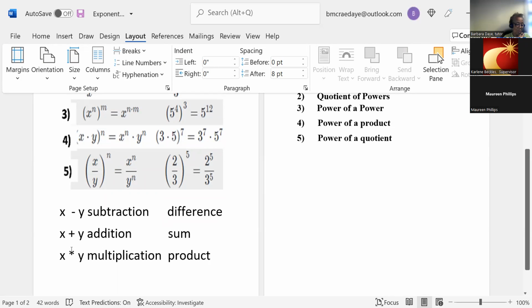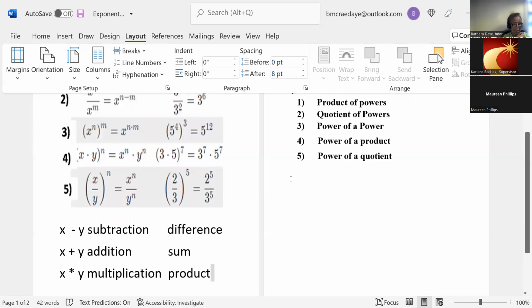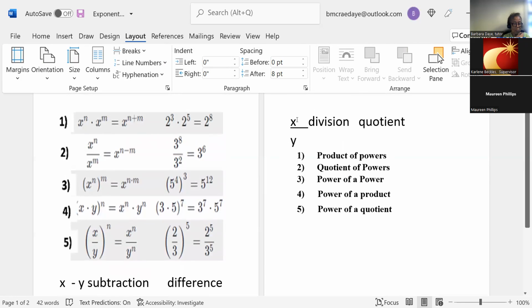I chose to use the asterisk here. It kind of stands out. And when you're using the variable X, you don't want to put another X there. It's kind of misleading. And then for the division, you can put the variable over variable, or you could have done the slash X.